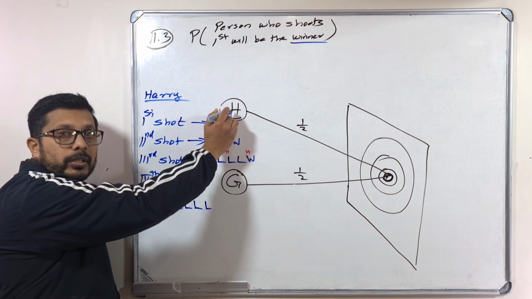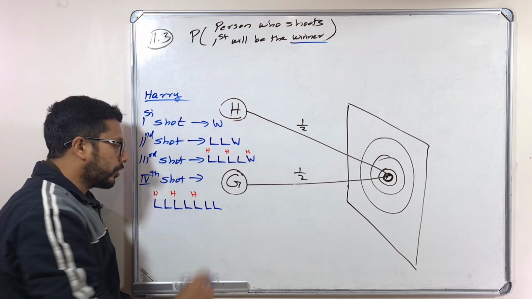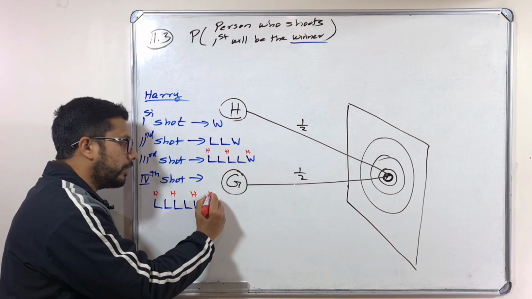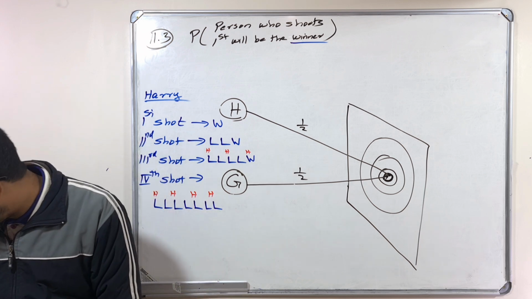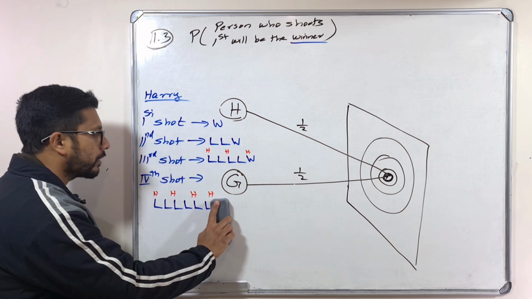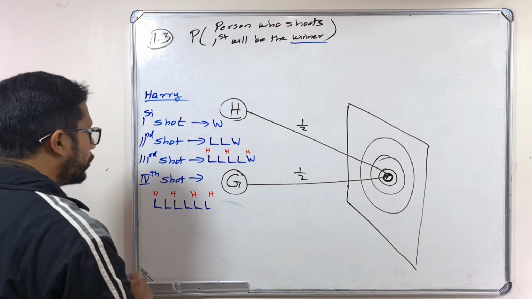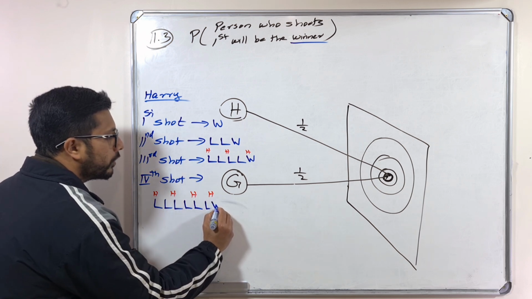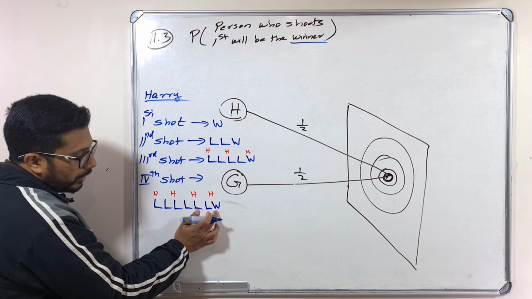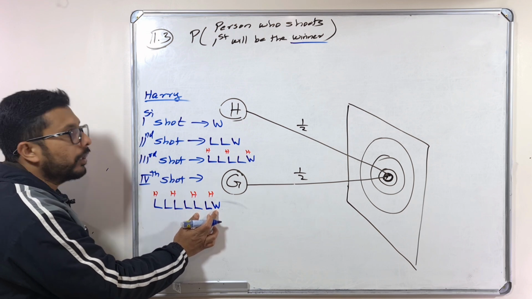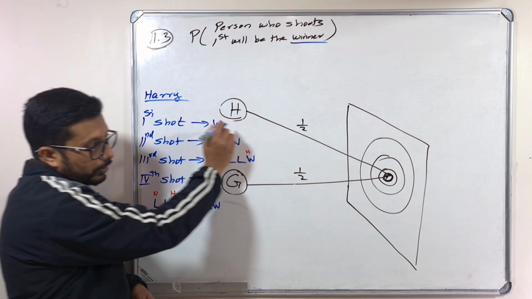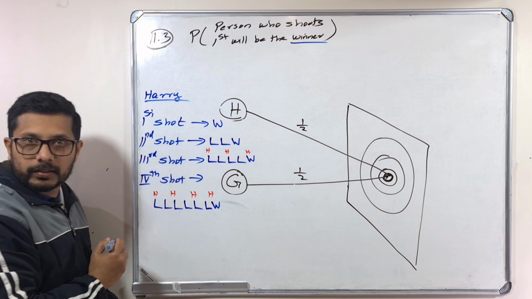Then whose turn is next? That is again back to Harry. That means which shot is that one? That is Harry's, sorry, not lose there. That is Harry's which chance? Fourth chance. And assume that on this fourth chance of Harry, he shoots the bullseye.